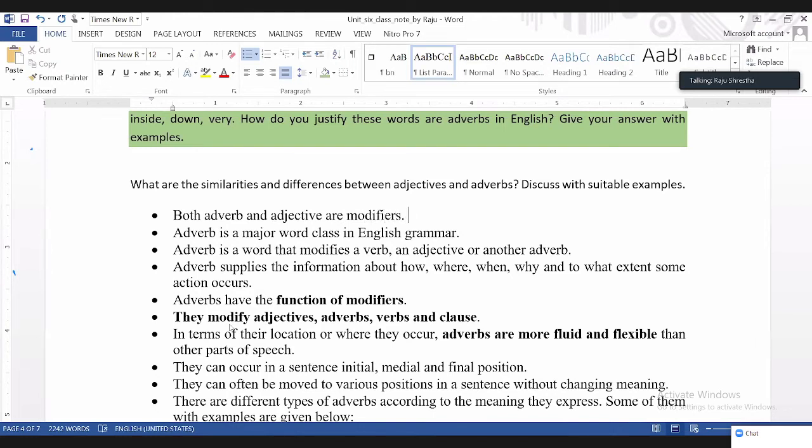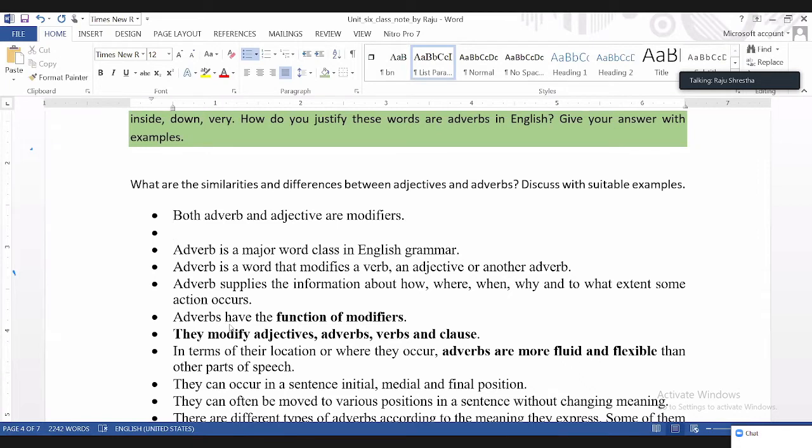They modify. They have the modifying function. They talk about the noun, or they talk about the verb, or the adjective. Both adverb and adjectives are modifiers. They both are major word classes.